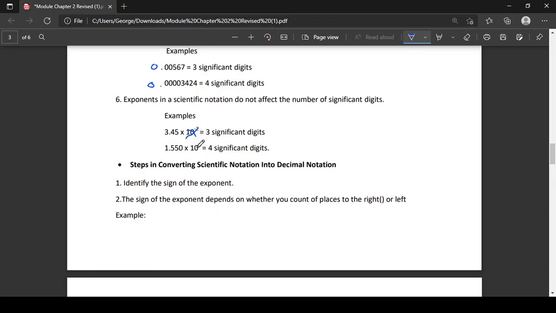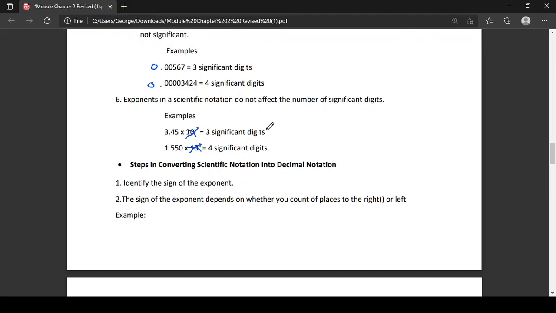It is your power of 10 and exponent. Tanan lang ang multiplying factor ang ating isipan. And every multiplying factor, if it is in scientific notation, kids, considered significant. Even the zero, considered din siya nga significant.